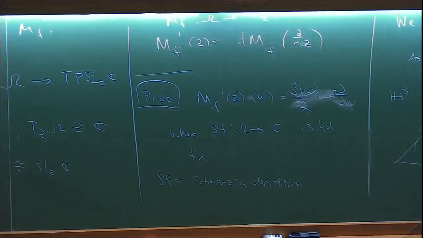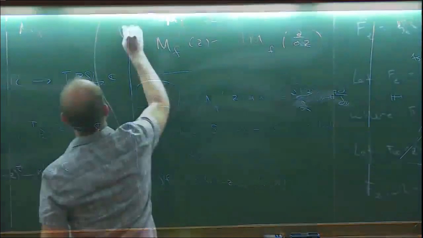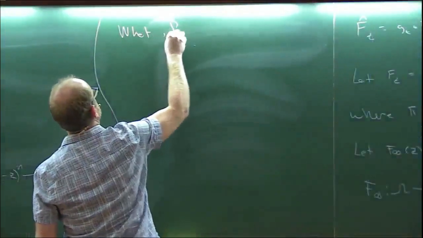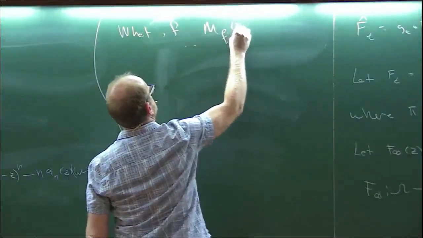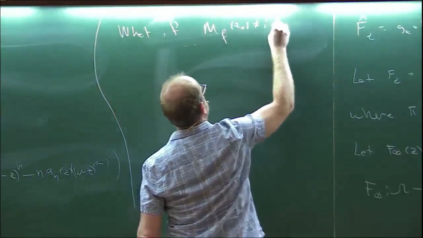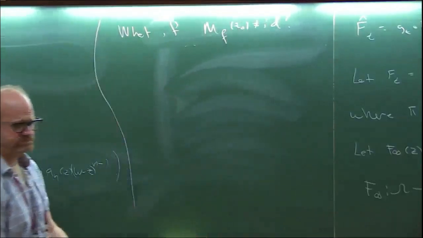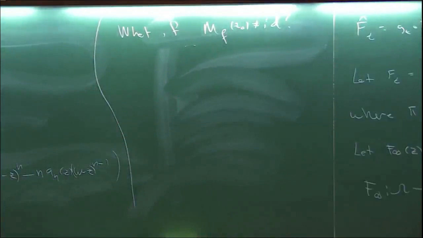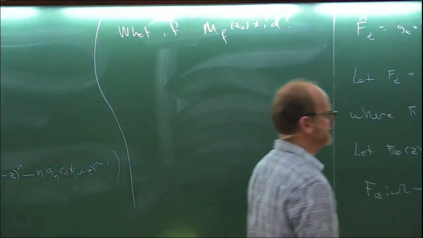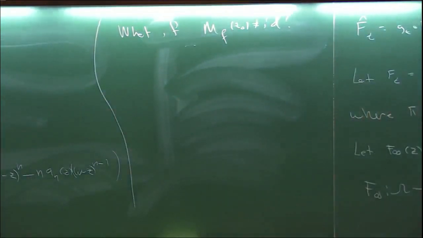Okay, so what do we do? This calculation won't work, at least not as simply, if we don't know that at the given point where we're taking the derivative, the osculating Mobius transformation is the identity.